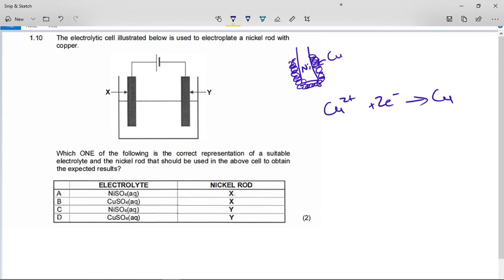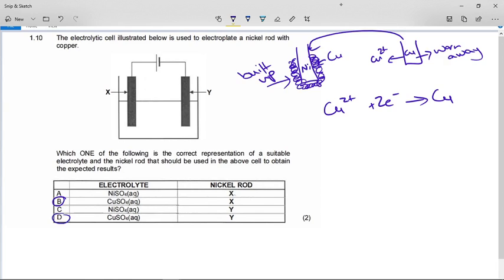And to keep the copper ions in solution, one of the electrodes is copper that gets eaten away by forming Cu2+ ions in the solution, and then these two are connected by the external circuit. So one electrode gets worn away and the other electrode gets built up, and you have the Cu2+ ions in solution because that's what you want to build up. You want to build up the copper.